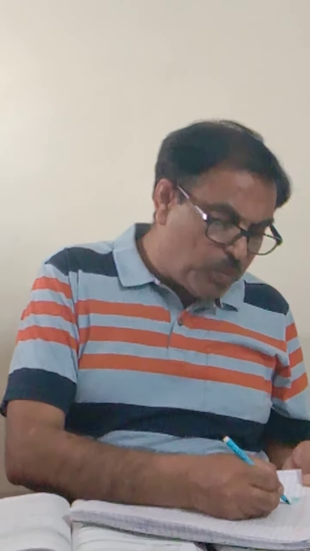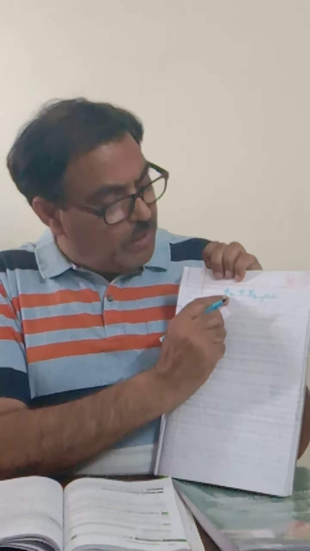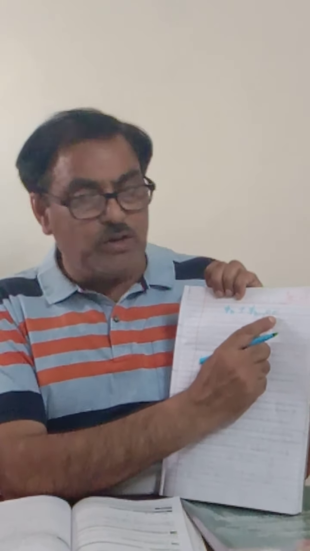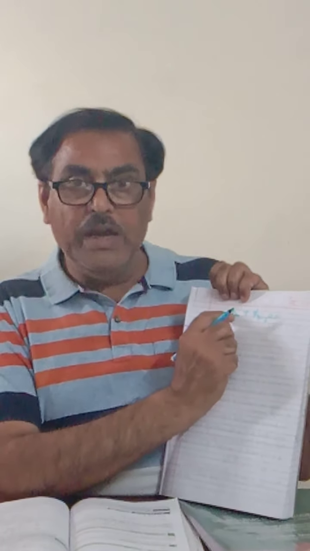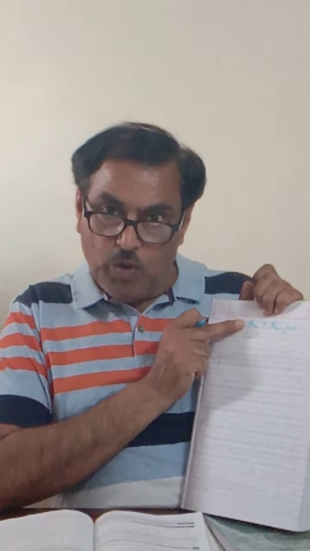One of them: if the equation of the curve can be put in the form phi n plus phi n minus 2 equals 0, where phi n represents the nth degree terms in the curve and phi n minus 2 represents the (n minus 2)th degree terms of the curve, that is the first condition.